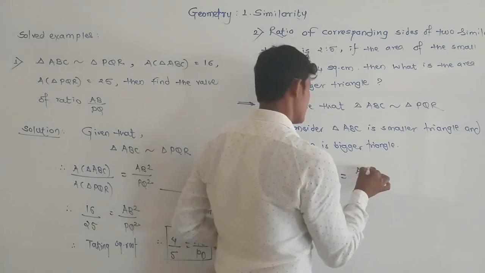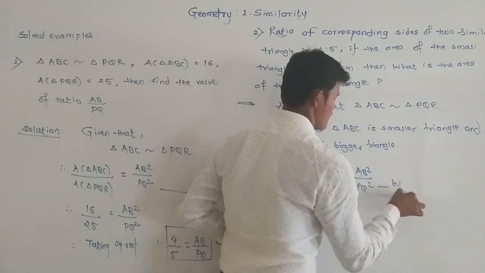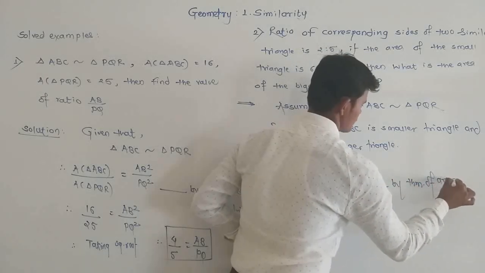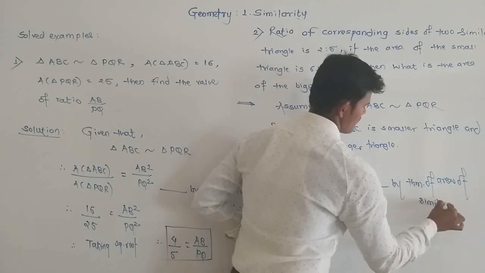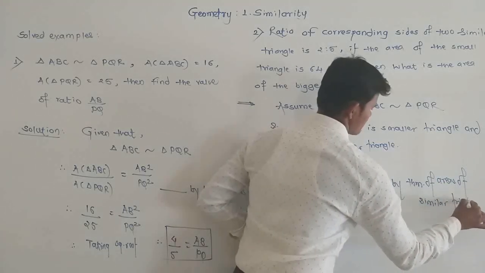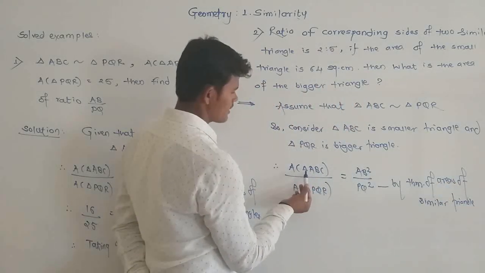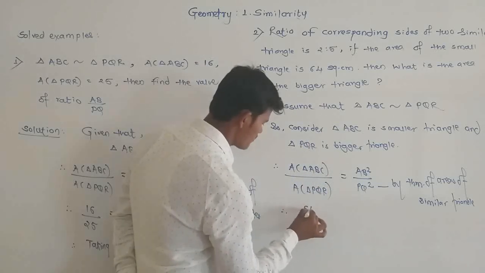So area of triangle ABC to area of triangle PQR, and here the ratio of corresponding sides is also given, right. So consider AB square upon PQ square, reason: by the theorem of areas of similar triangles. Here triangle ABC is the smaller triangle, so the area of the smaller triangle is given, that is 64.